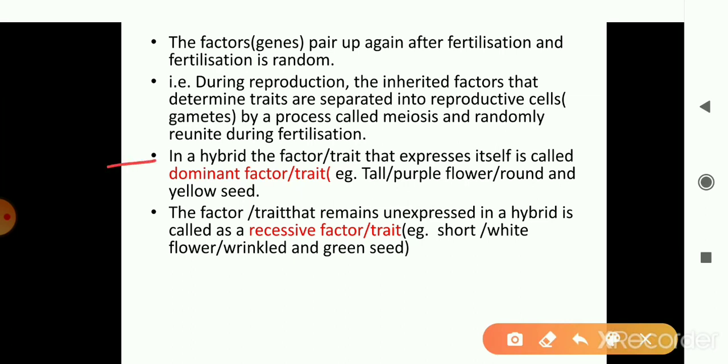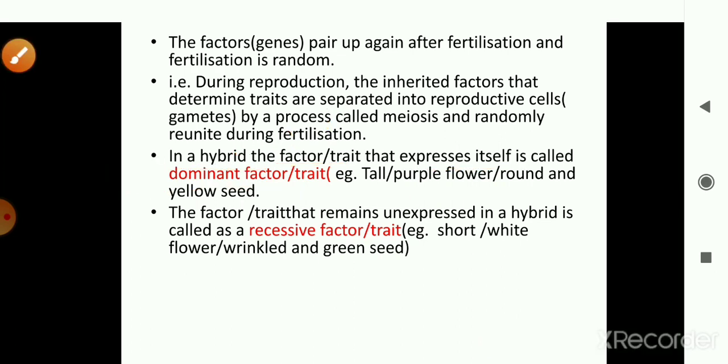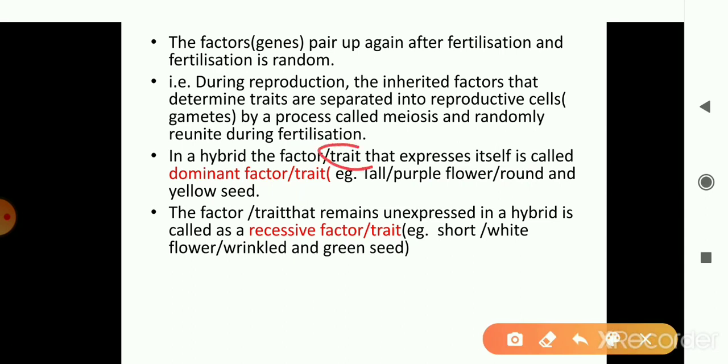Now one other important point that he stated concerns the hybrid, by which we mean the F1 generation. A hybrid will express only one trait. The factor which is able to express itself in a hybrid is called a dominant factor, and the trait controlled by that factor is called a dominant trait.